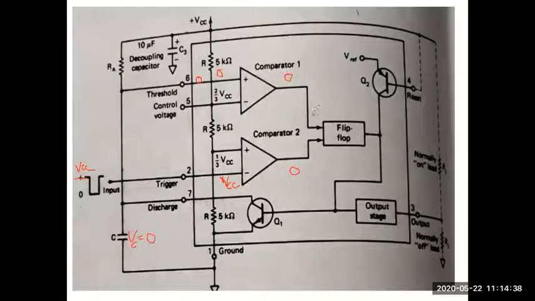So if both R and S signals of this flip-flop are 0, the output Q will remain in the previous state, whatever that previous state is. So initially, in the stable state, this monostable multivibrator or 555 timer will remain in the 0 state or low state.